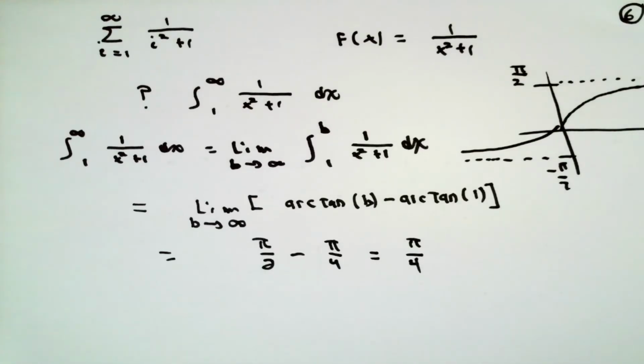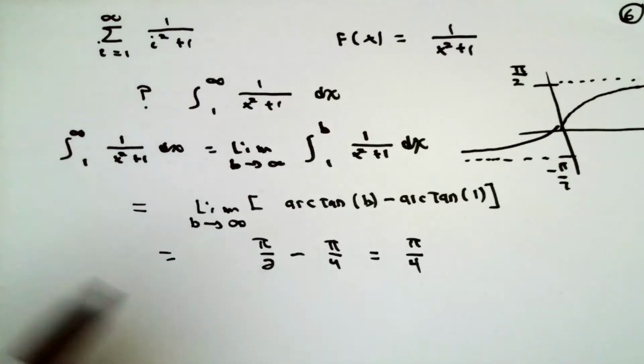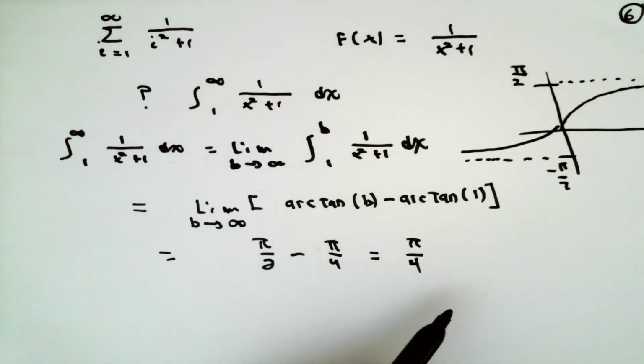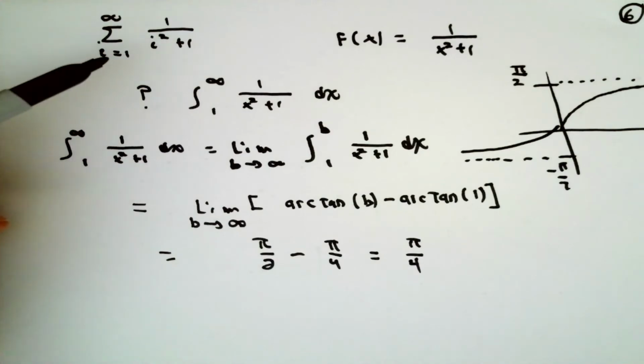In any case, since the limit of both terms exists, the value of the integral from 1 to infinity of 1 over x squared plus 1 with respect to x is pi over 4. The improper integral converges, and that tells me that my infinite series converges by the integral test.